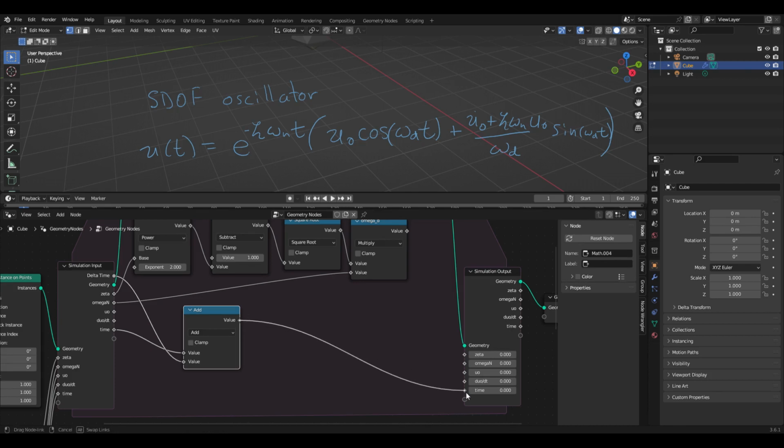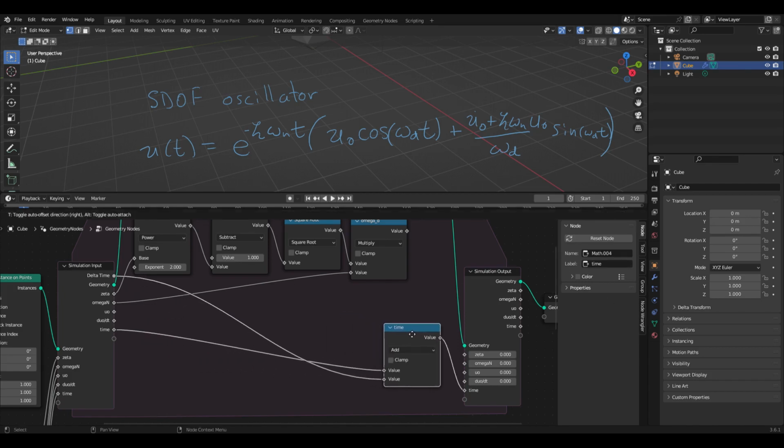So I take this time, and then I want to add this delta time and then feed that into the output time, and that means that time is going to loop through, so it's going to increment by that delta time each iteration of this simulation.